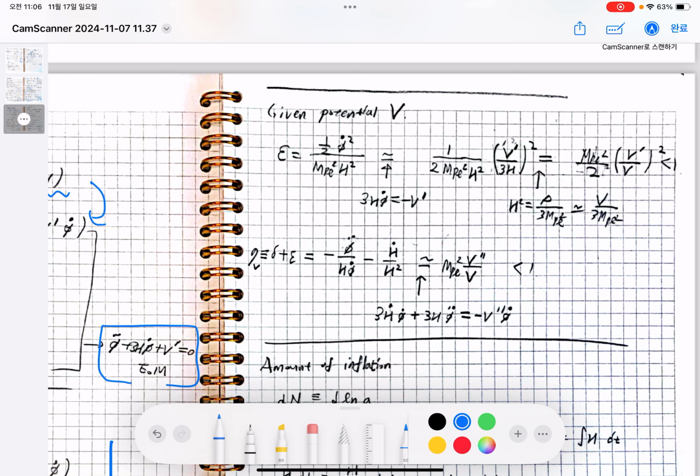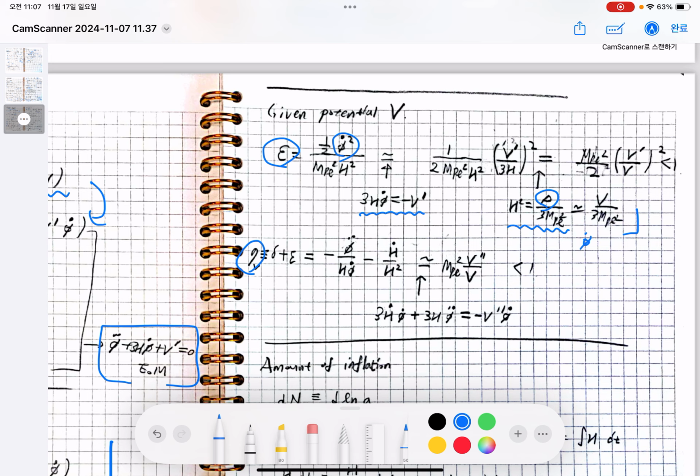And also we can parameterize epsilon and eta as two parameters in terms of the given potential V. φ dot is similar to V prime in the slow-roll varying conditions, and we insist one more time that the Hubble variations and φ dot are small here, so the φ dot terms are negligible here.